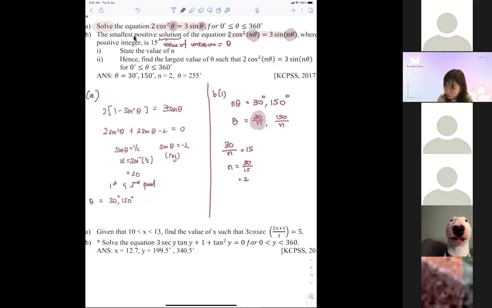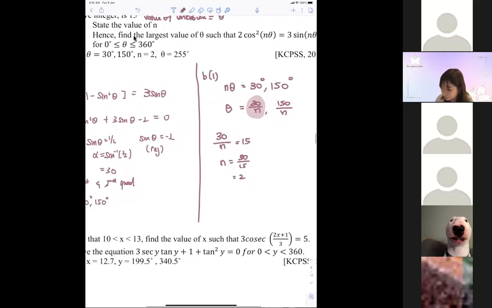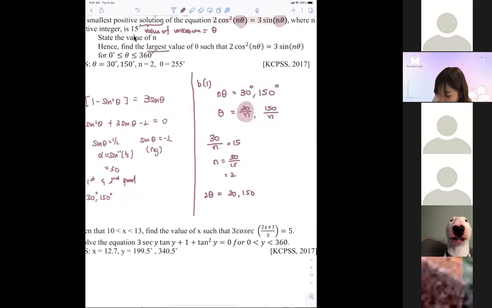Now that you found n equals to 2, you know that n theta is 2 theta. Okay, we can copy this. Now n is 2. So 2 theta is 30, 150. They ask you to find for the largest value of theta. So to find for the largest value of theta, first we change the domain, everything times 2.